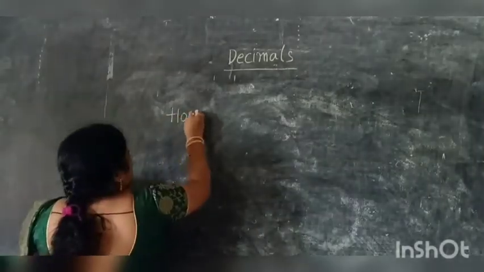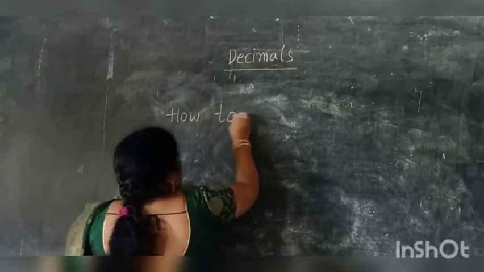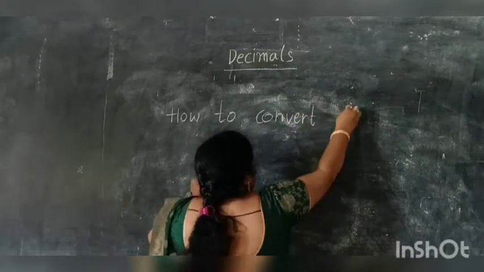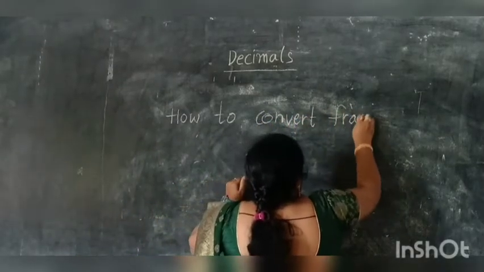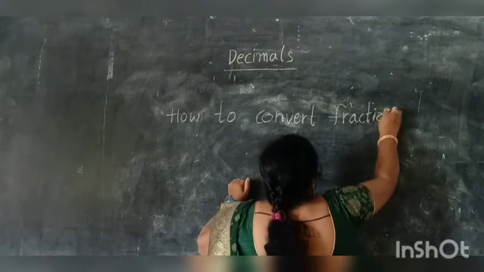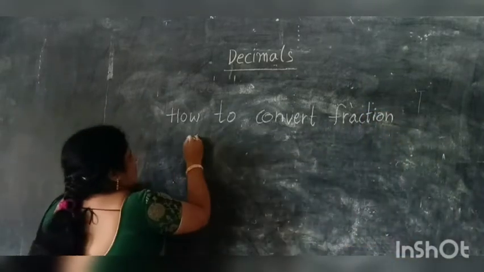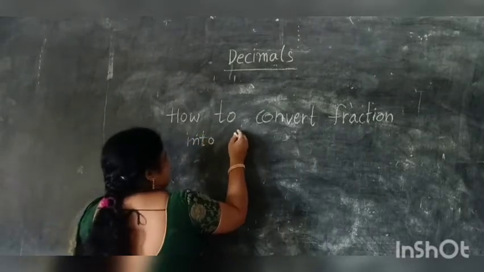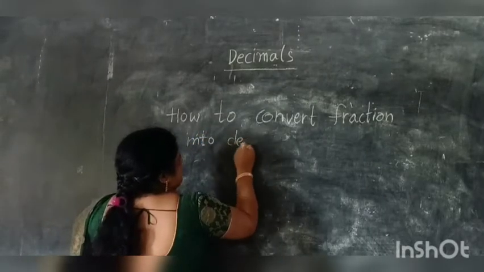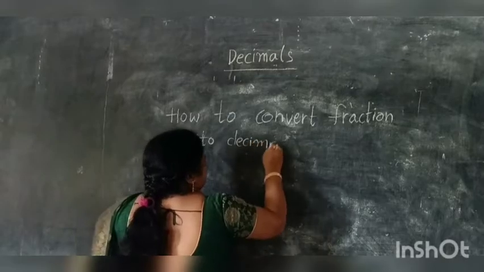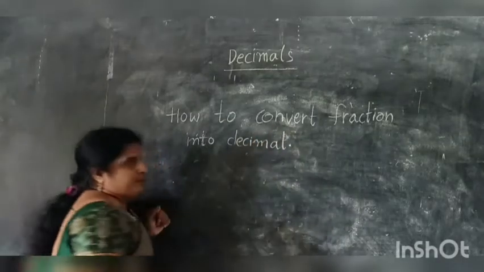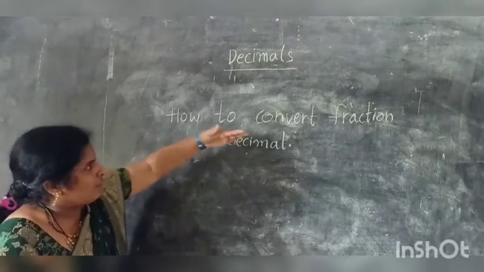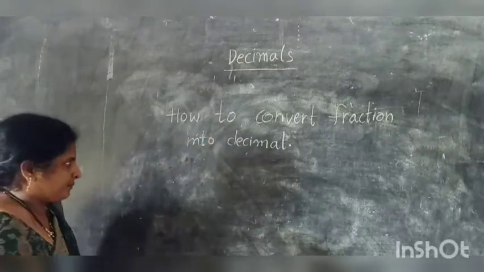How to convert a fraction into a decimal?